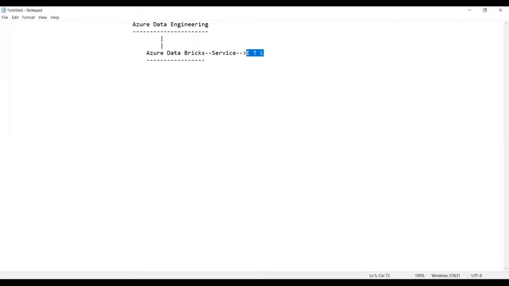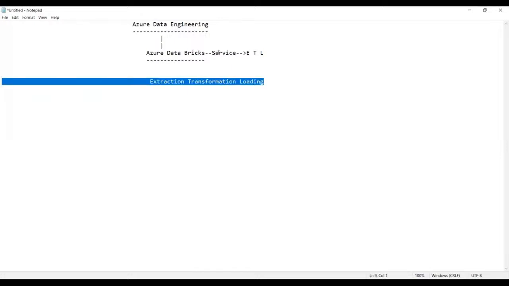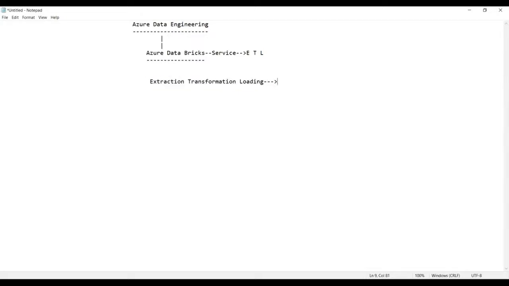Let us try to understand this. ETL: extraction, transformation, and loading. Basically, it is a process or a technique used to perform data summarization.